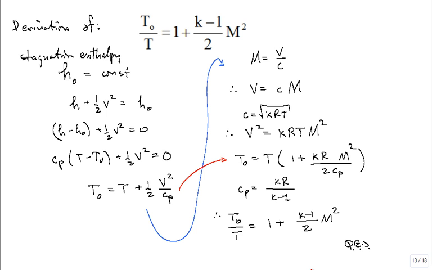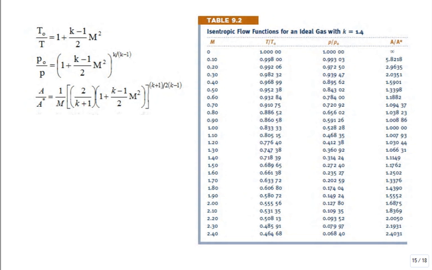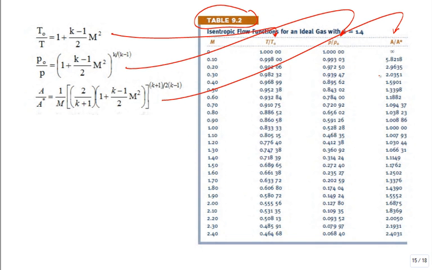The derivation of those equations are in the textbook. How many people have seen the textbook where in table 9.2 they've taken this equation and put it in the table, and this equation, put it in the table, because sometimes equations don't reveal the underlying trends.